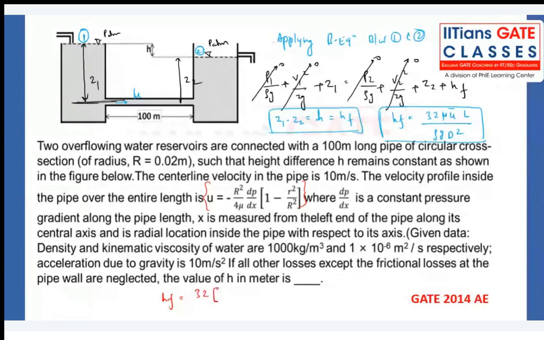They have given the kinematic viscosity, so instead of writing mu, we can write mu as kinematic viscosity into density. Kinematic viscosity is 10 power minus 6. Density is 1000. U average is the question mark. Length is 100 meter divided by rho g. Rho is 1000. G is 10. Diameter D is given as 0.04 meter.